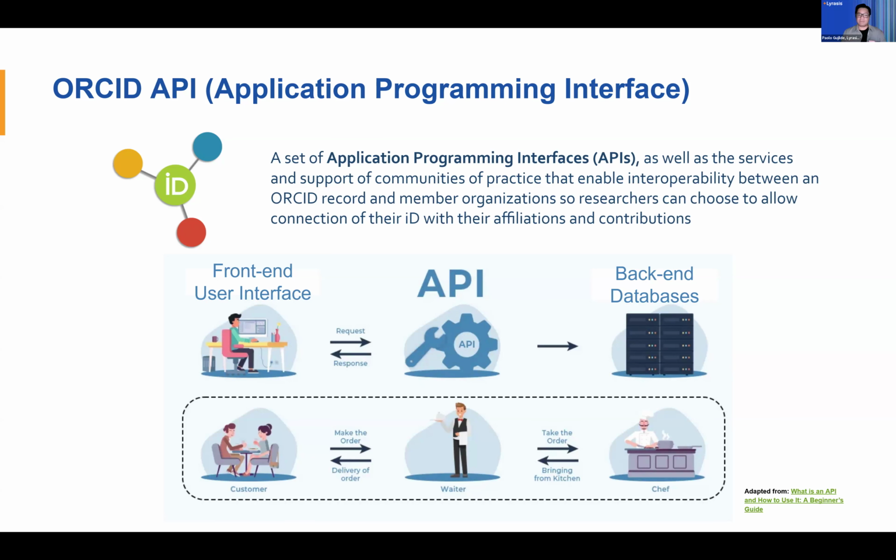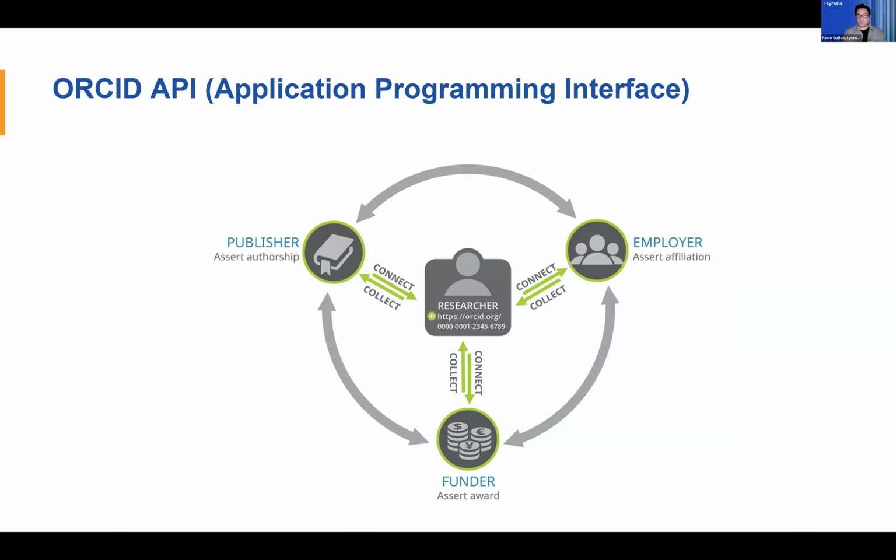In ORCID, the API is really a way for organizations to connect with the researcher. For example, a university as an employer would like to connect with the researcher. That researcher also connects with the employer. So there's a connection between the two, and then there can be an exchange of data, for example, in the ORCID record.